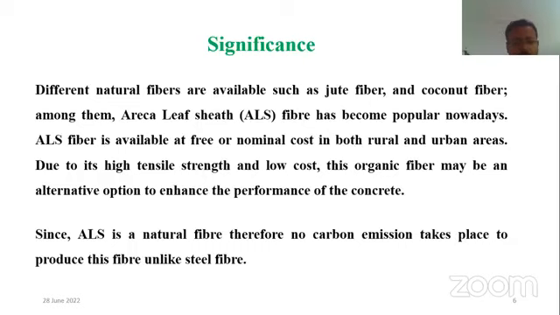Okay, we can see the Areca leaf sheath is being used to prepare plates, and that is also biodegradable in nature, and it can also be used as a fiber in concrete that offers the crack resistance property, and it is also available at a low cost.